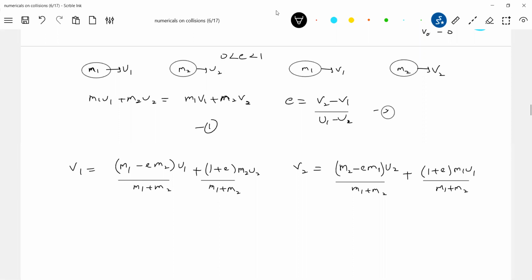I solved it, I ended up with this equation. What is the velocity of colliding objects after impact? It will be equal to this much.